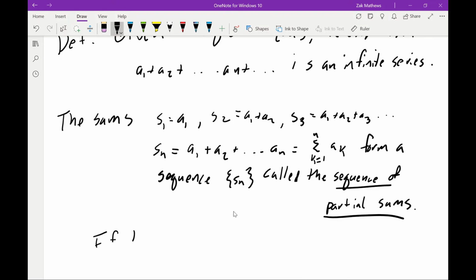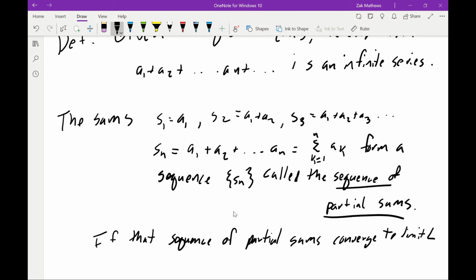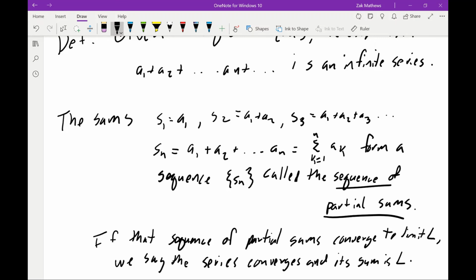If that sequence of partial sums converges to a limit L, we say the series converges and its sum is L. That is like the example we did with the 1 plus 1/2 plus 1/4 plus 1/8, and so forth.